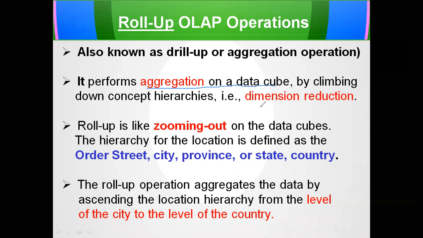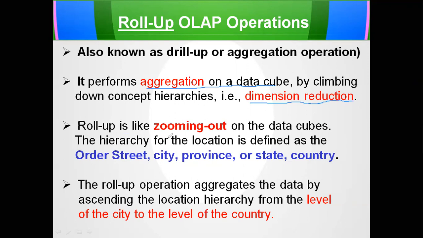As we discussed in the previous slide, aggregation gives you more summarized data by climbing up concept hierarchies, that is dimension reduction. So city-wise data you can convert into state-wise data. State-wise data you can convert into country-wise data, right? So for this different point of view, you can do the analysis with the help of roll-up operation, right?